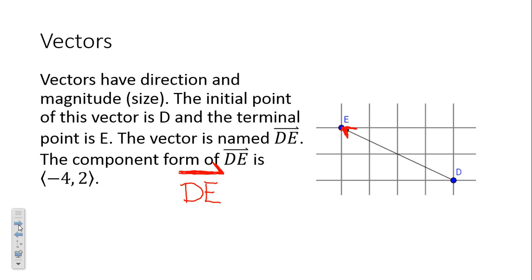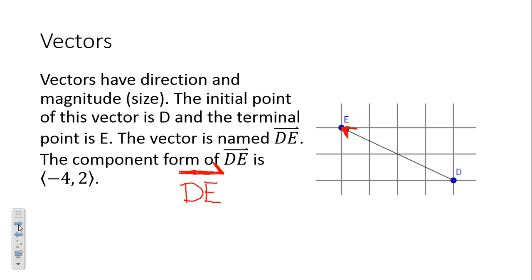Okay, this is the second box, the upper right. This vector is named vector DE, and the component form of this vector is -4, 2. And notice that's not an ordered pair.